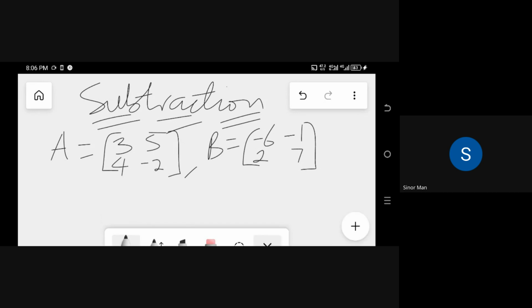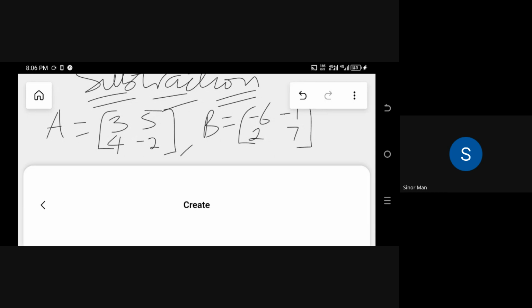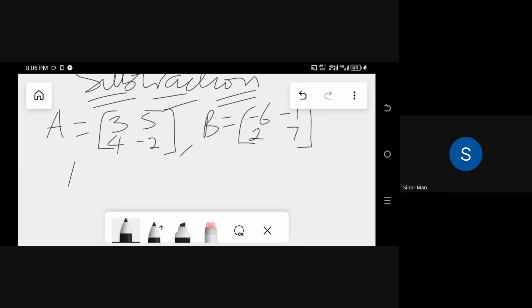So let us see the value for A plus B. Sorry, we're subtracting. So let's find A minus B, and let's see the result you have.